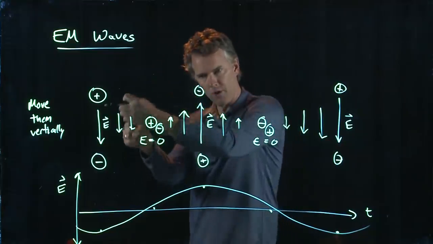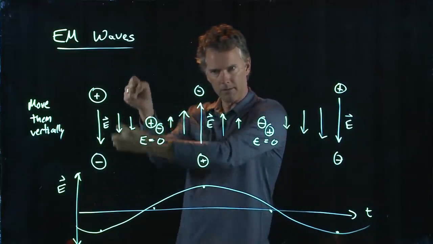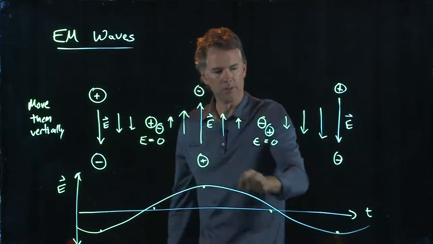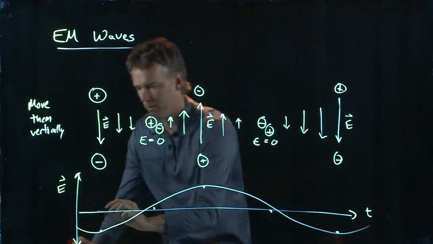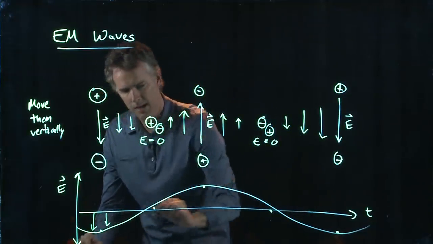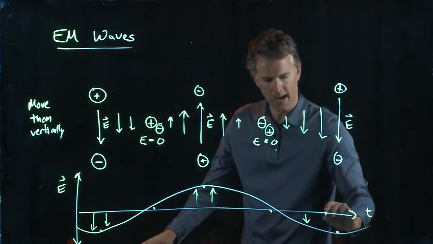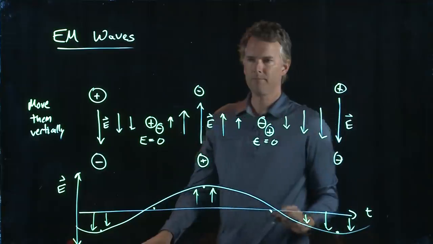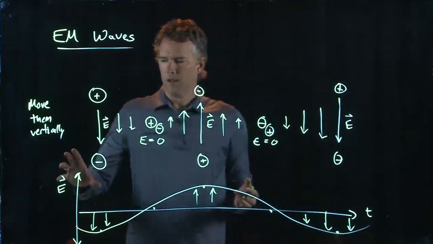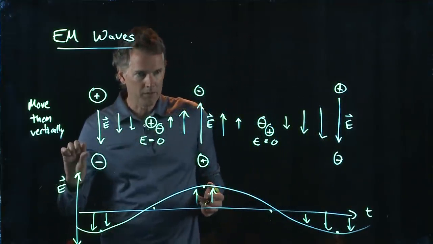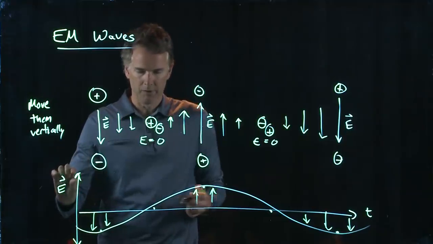As I move these charges up and down, the electric field oscillates up and down. It's pointing down here, then up here, and then down over here, and so forth.